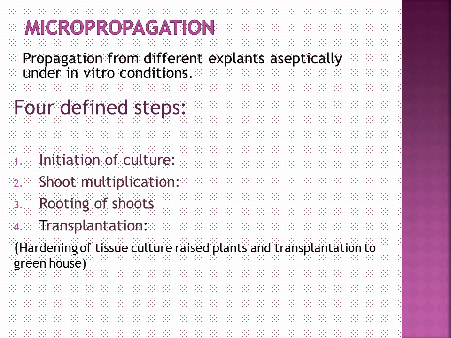Step 1 is initiation of culture from any explants like stem, leaf, hypocotyl, cotyledon, etc. Second step is the shoot multiplication, where you will have multiplications of various shoots from the explant. Third is the rooting of the shoots. And fourth is the transplantation, where the hardening of the tissue culture raised plants is done and transplantation to the greenhouse.